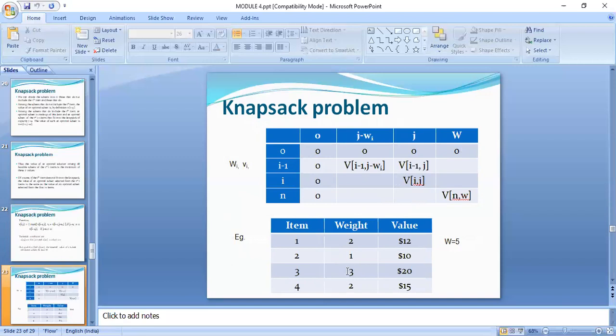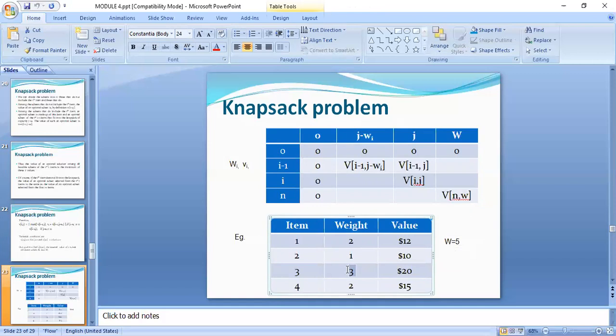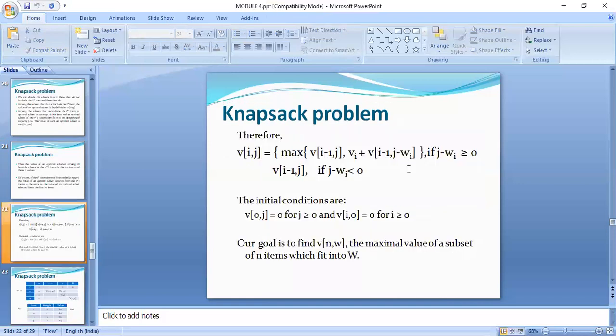What is its weight? The weight given is 3. What is the remaining capacity I have? Suppose the remaining capacity is only 2. Can I fit this third item into the knapsack? It is not possible. So when I exclude this item, I need not calculate anything. For calculating the value of V of i comma j, I will depend only upon V of i minus 1 comma j. Clear? It's understood.